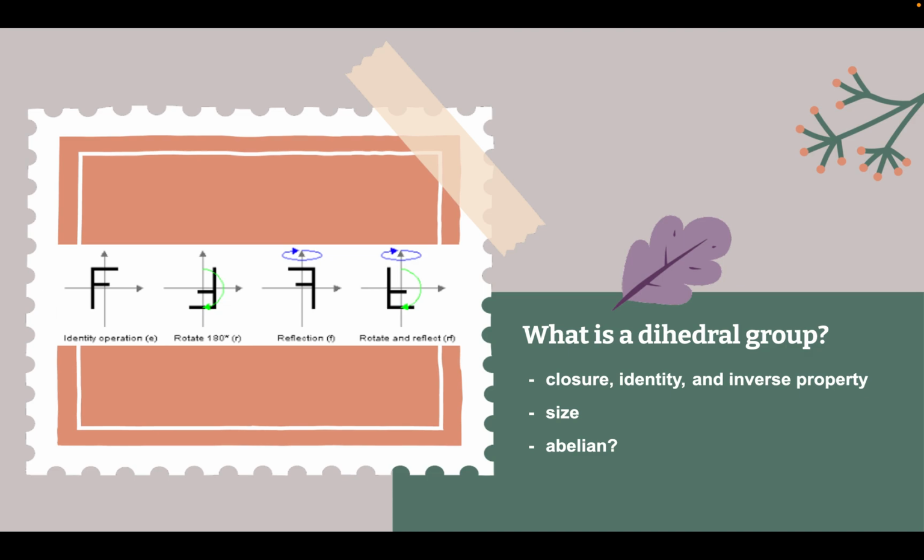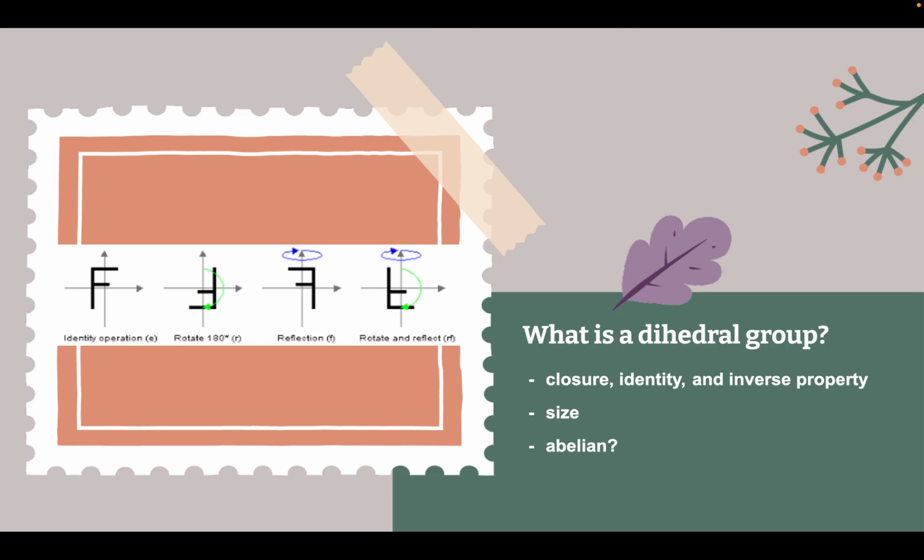Also, it has an identity element, the first one that we see here, where the F does not move at all. And then it has the inverse. Here we can see that if the F is rotated 180 degrees, and then rotated the opposite way 180 degrees, that will be the inverse.